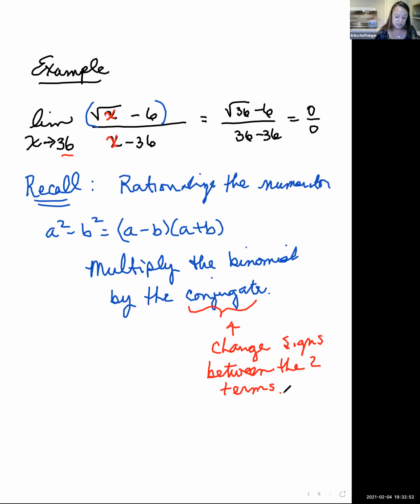So in our case, if we change that sign in between the two terms, that would be a plus in between. And so let's bring down that limit, as x is going to 36, of the square root of x minus 6 all over x minus 36. And we're going to multiply by a fancy one.